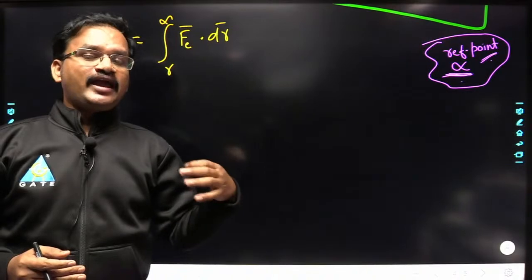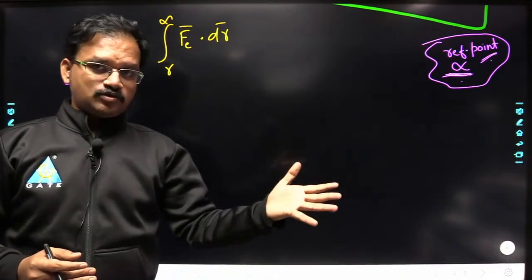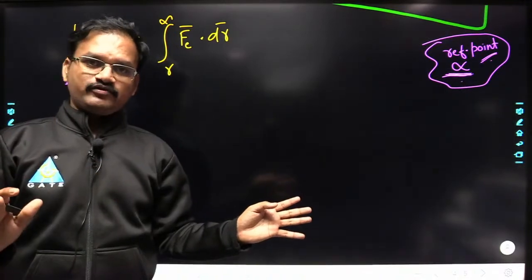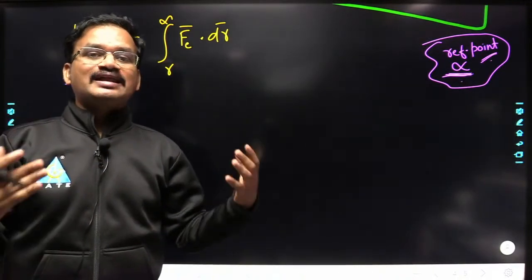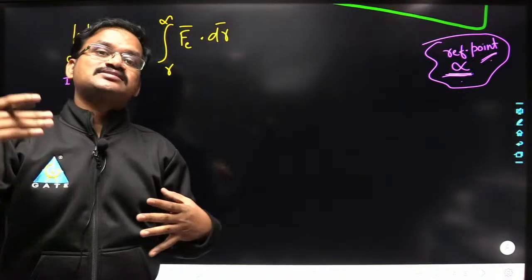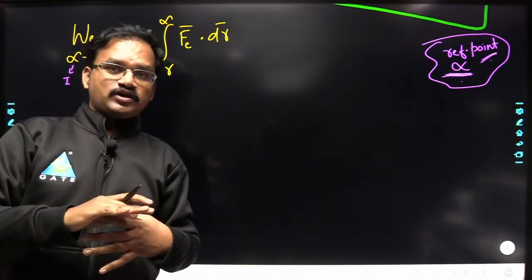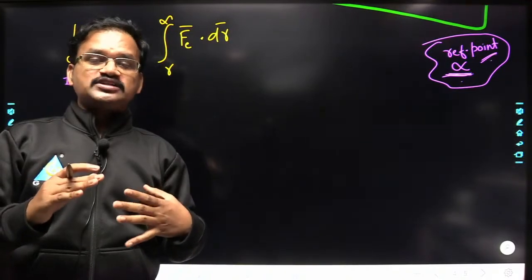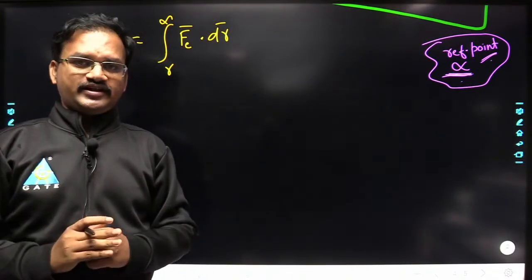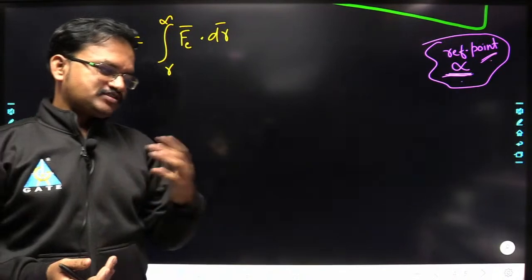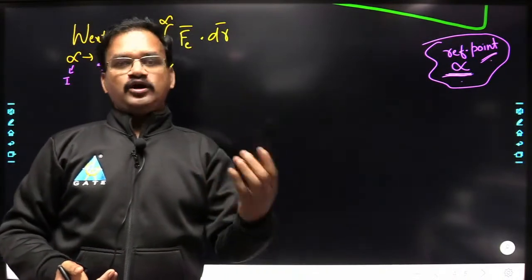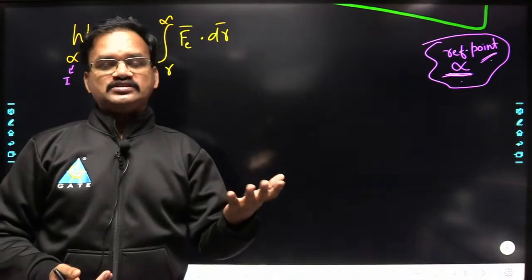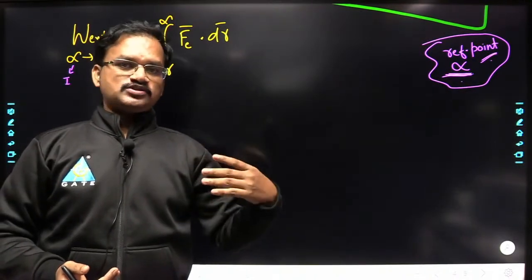If we got the gain in potential energy as positive, then it is taken as gain itself. If we got the gain in potential energy as negative, then you have to consider that as a loss in potential energy. It is just like if I say I got a profit of 10 rupees, what do I mean by that?